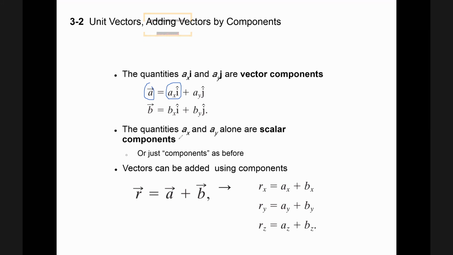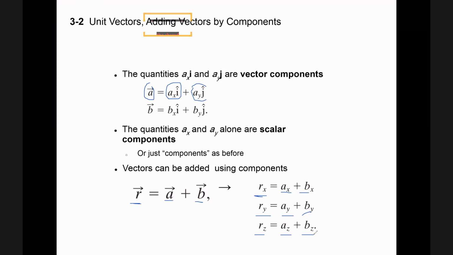But also, if I add the components, I can know the summation of the vector. How? If I have vector A and vector B and I want the summation R equals A plus B, what do you think Rx will be? I add the x component to the x component. Well, Ry, I add the y component of B to the y component of A. And the Rz component is Az plus Bz.